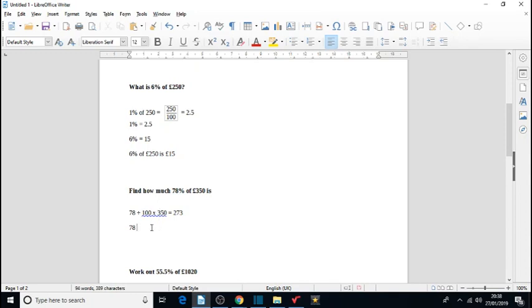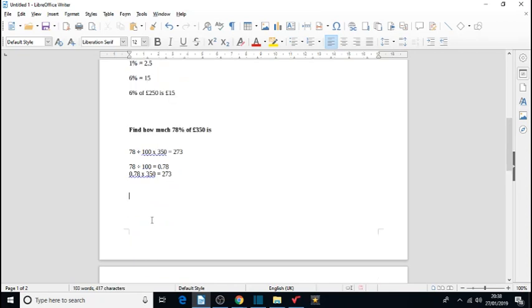So if you want to, divide by 100 first and you'll still get the same answer, 0.78, and then 0.78 multiplied by 350, which is also 273. However way you want to do it, you will still get the same answer. So 78% of £350 is 273.